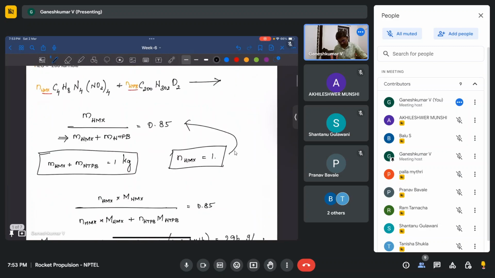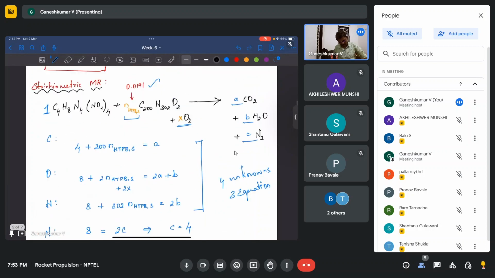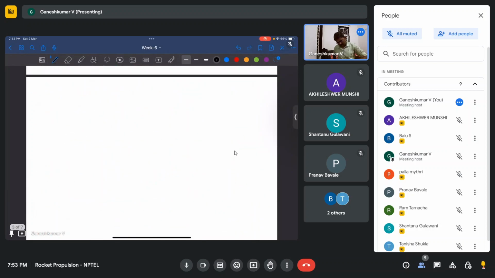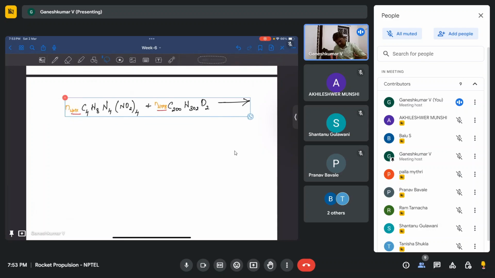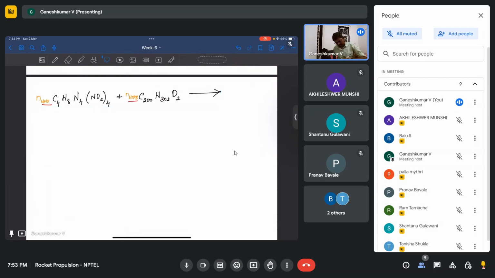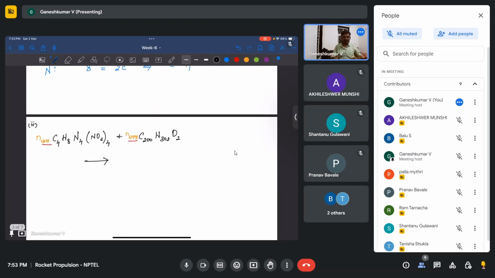Now it's an interesting thing. They are asking us to find the number of moles of product species. So how do we find out? What are the products we are looking at? Since the oxygen is not enough, some fuel is going to remain as such. So what products do we expect?